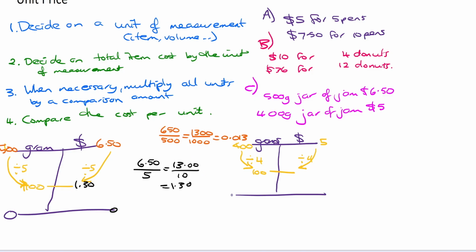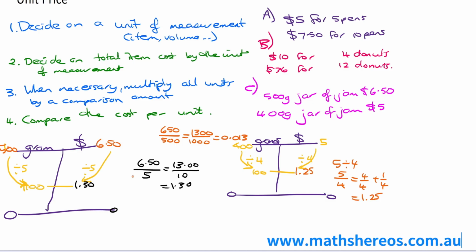I can't scale one by a factor of 4 and the other by a different factor. This tells me that 5 divided by 4 would give me 5 quarters, which is 4 quarters plus 1 quarter, which is $1.25. So I know that this one is $1.25. I know the other one is $1.30 per 100 grams. And now I can compare which one is better value.